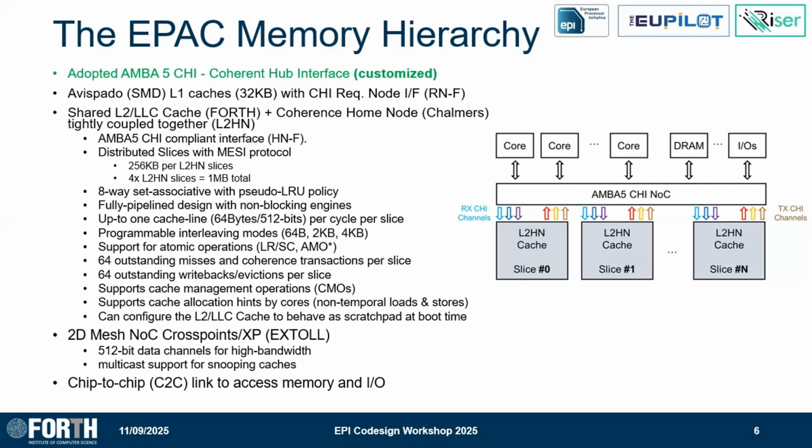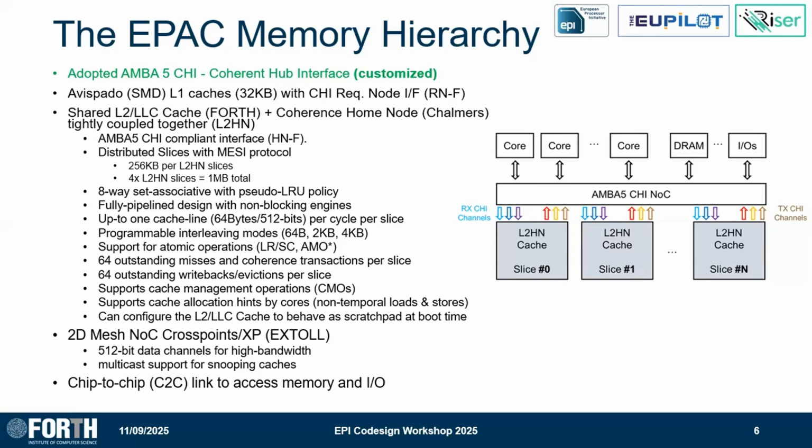There are also other things that can be tuned, like the interleaving mode. So how do you distribute the cache lines inside the network on chip at the slices? You can do it per cache line, going uniformly all around the chip. For a long vector, 256 elements is something like 32 cache lines. So you have 32 cache lines, and you might bring them from the chip multiple times, fetching around the NOC multiple times. Or you can do other things like 2 kilobytes.